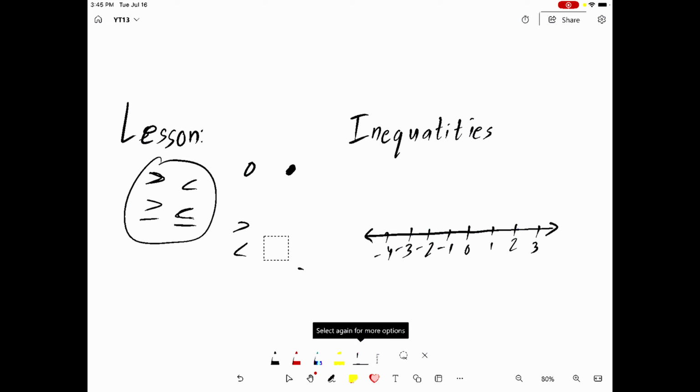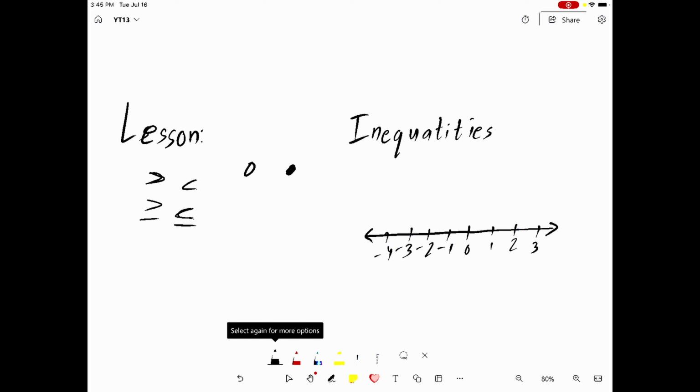Some of you might have learned that in pre-algebra, but if you haven't, that's just a review. You should know this because these are the primary signs in inequalities. Solving them is basically the same thing as solving linear equations. Like if I have 4x plus 5 is equal to 9, except it'll be like 4x plus 5 is maybe greater than 9, or less than 9, or greater than or equal to 9, or less than or equal to 9.